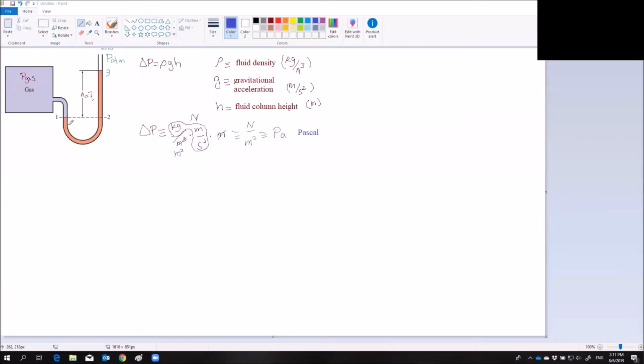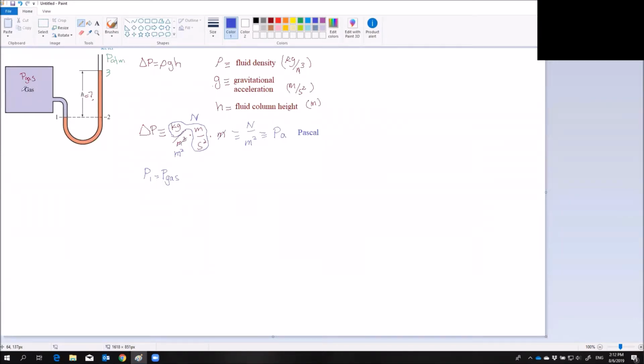Okay, now let's work out this problem. So starting from left-hand side, we have gas pressure. At point 1, we do have the same pressure as the gas pressure. So P1 is P gas. One might say, well, there is an elevation. It looks like there is a height or elevation change between point 1 and gas.